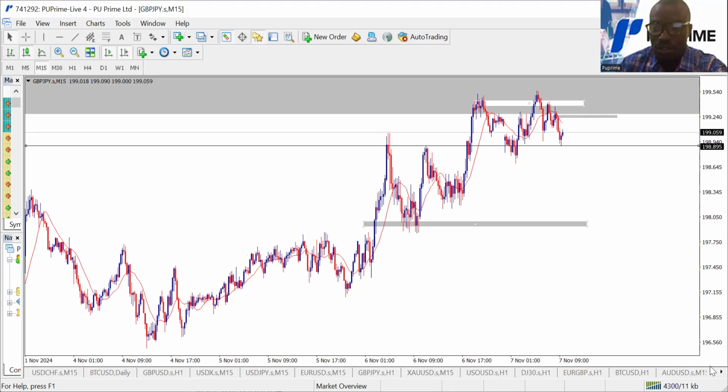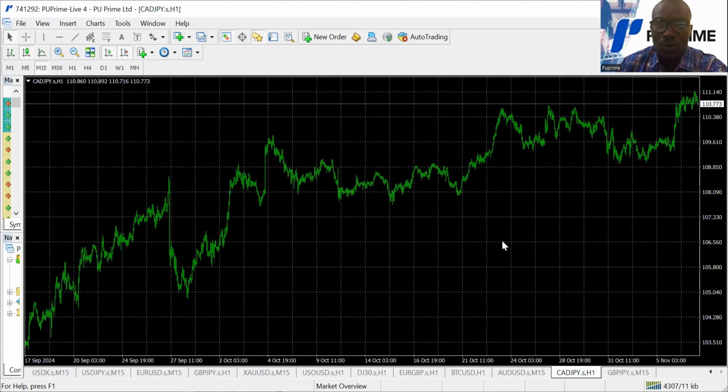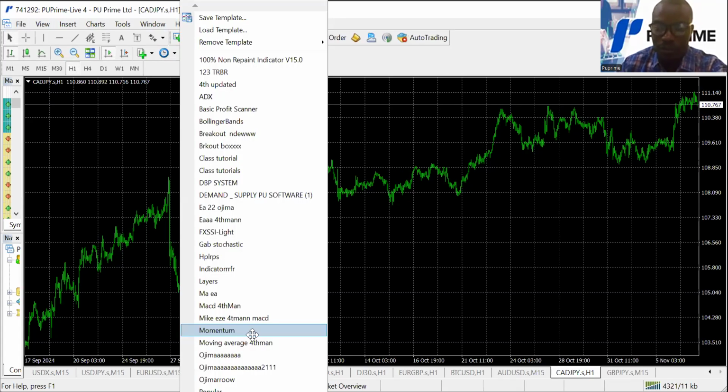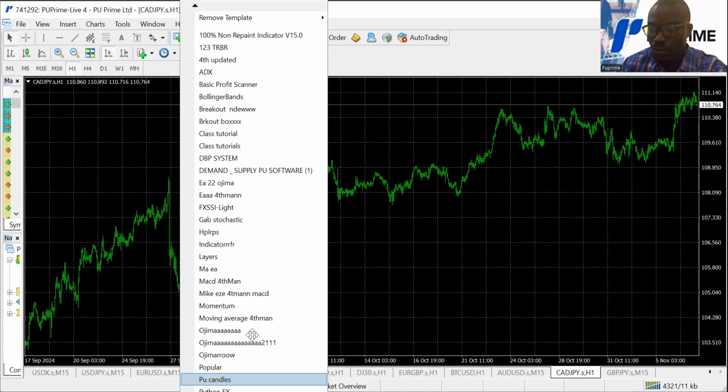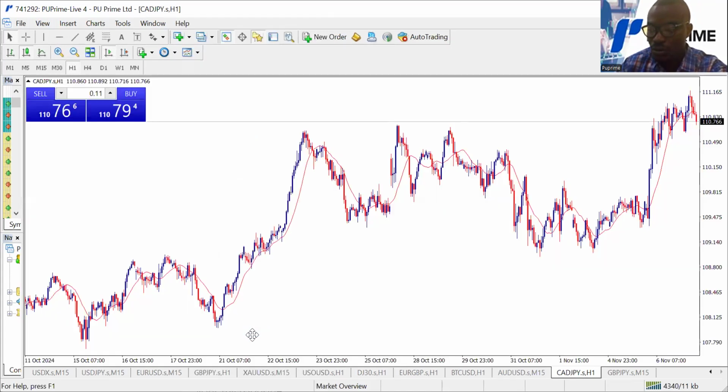The last one is CAD JPY. I think all pairs, all pound pairs are literally moving in the same directions. Okay, so also the same thing for CAD JPY.